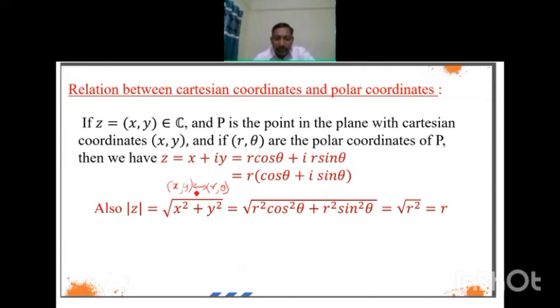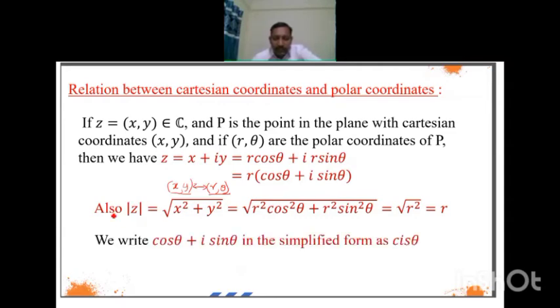If xy coordinate points are given, we can write the polar coordinates r theta, and we can write the complex number in those coordinates. We use a simplified notation for cos theta plus I sin theta, which we write as cis theta. As we have seen, using cis theta notation is more convenient than using cos theta plus I sin theta.